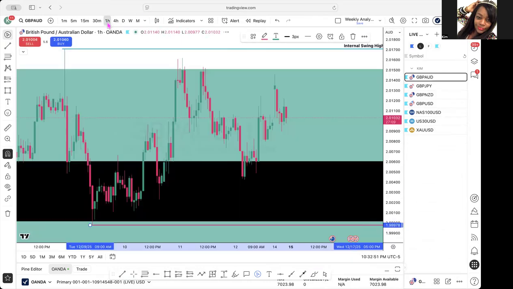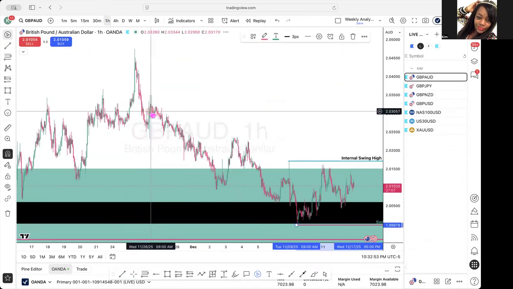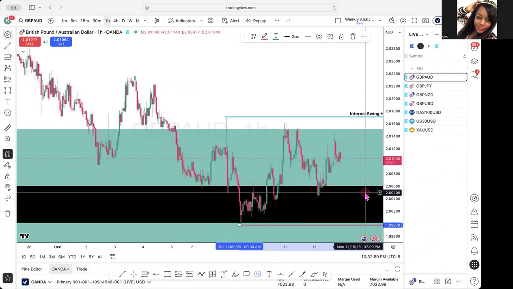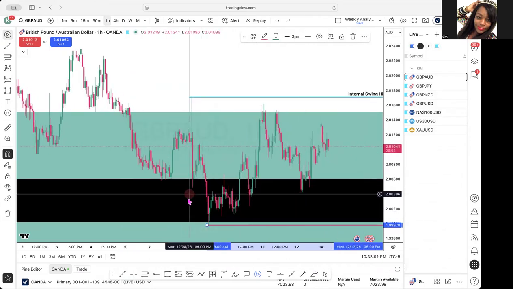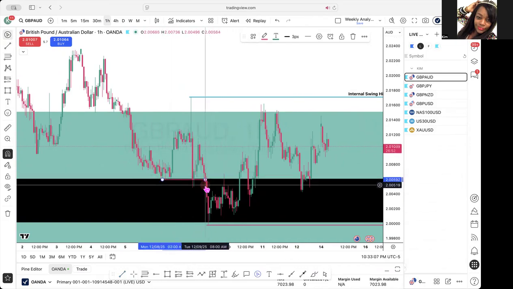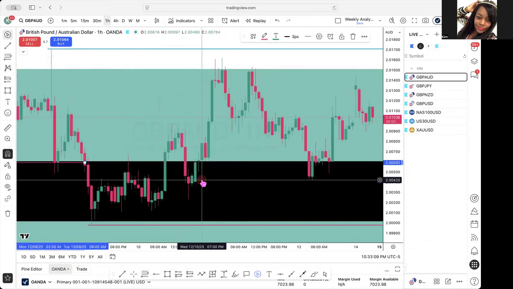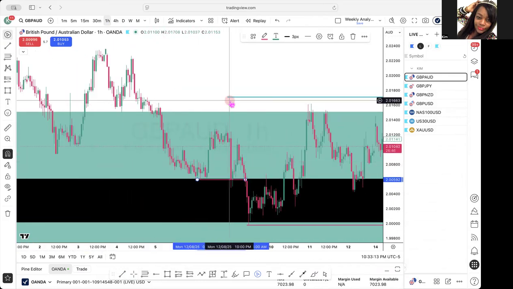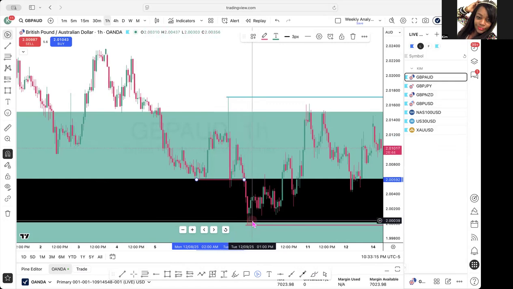Now I'm just going to go down to the 1-hour. This is still the structure for me, because price did not close until right here. Price did not close below this low until right here. So this is my swing high and this is my swing low.